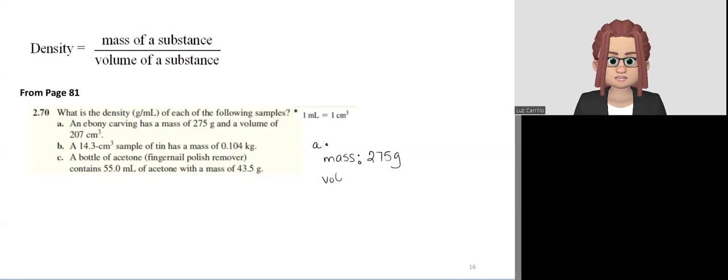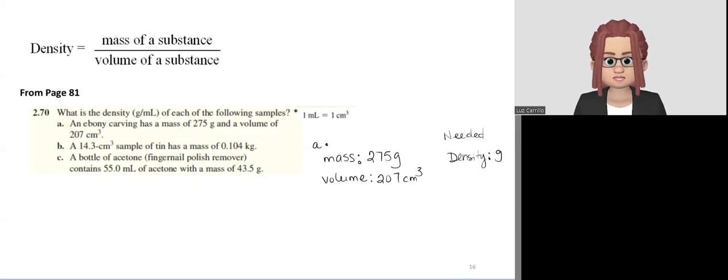I see that the volume is 207 centimeters cubed. Now, what is needed is the density, but I need it in units of grams per milliliter. Taking that into consideration and looking at the units that I need, grams and grams, check.